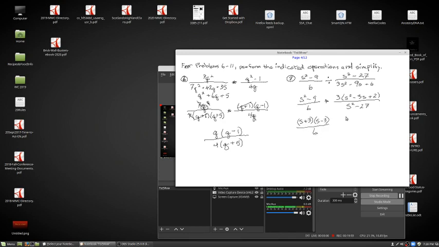That'll be over 6 times 3 times, this is going to factor into s minus 1 times s minus 2. That'll give us our middle term of negative 3, negative 1s and negative 2s, and then negative 1 times negative 2 gives us that positive 2.